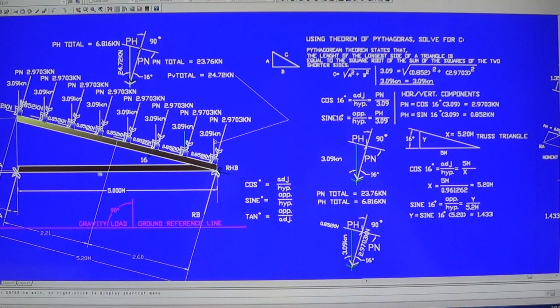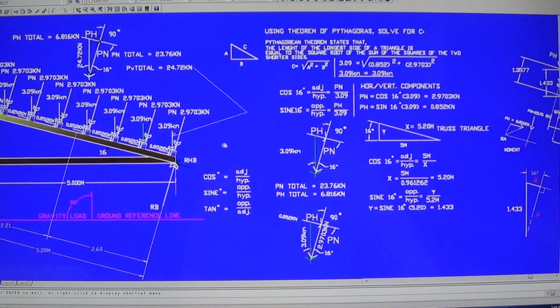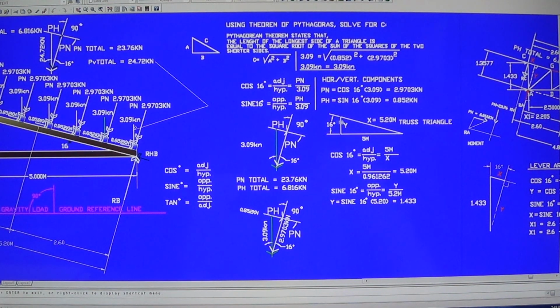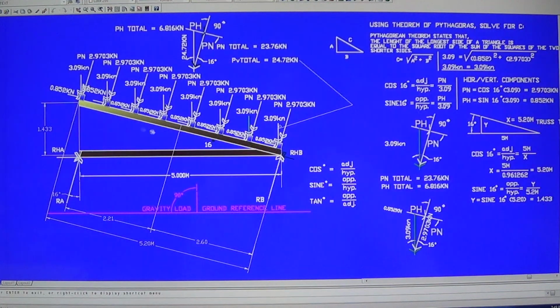We have the bottom chord here as 5 meters. We can solve the length of the rafter by using the truss triangle. Here is the truss triangle representing the truss. The rafter is represented by X, and the total height of the truss is represented by Y. We solve both this length and the height.